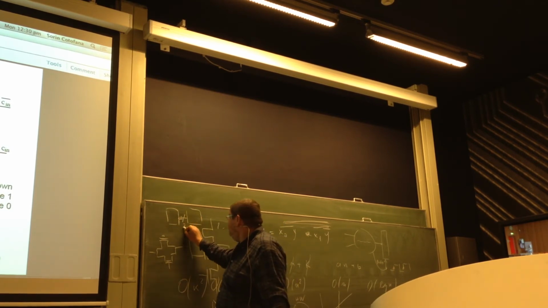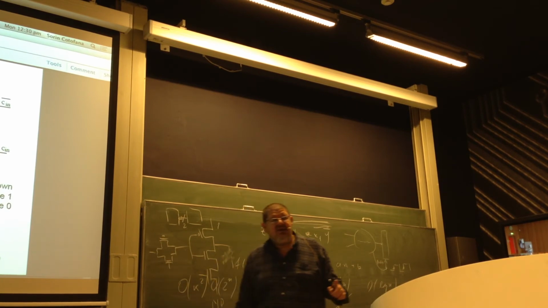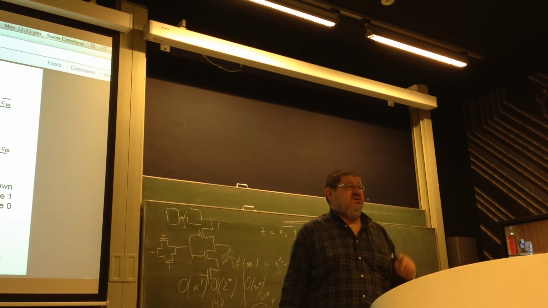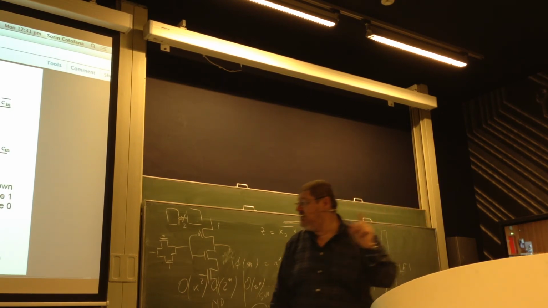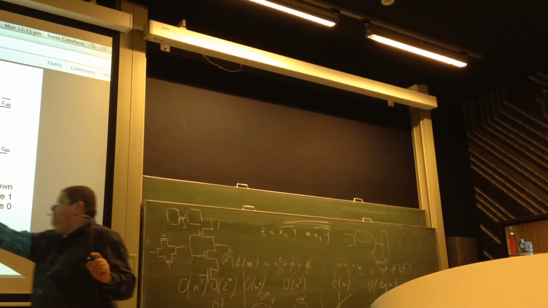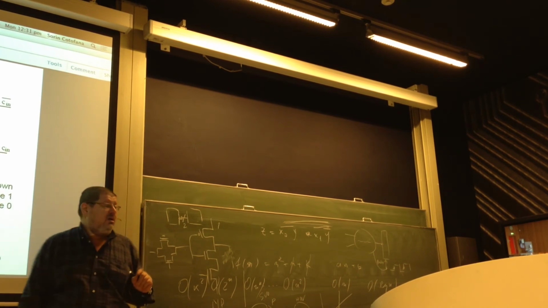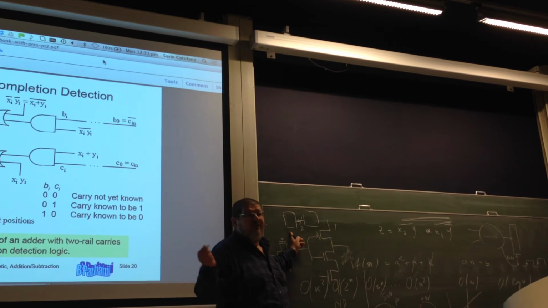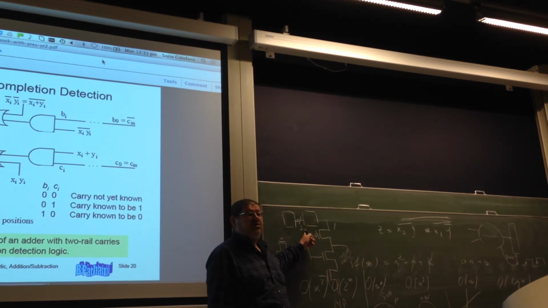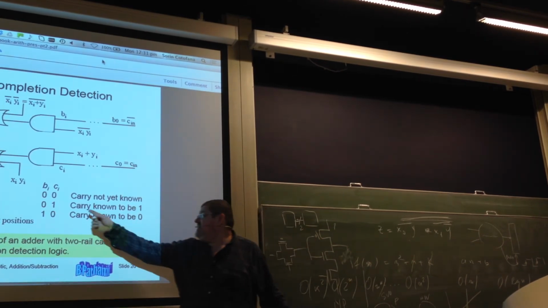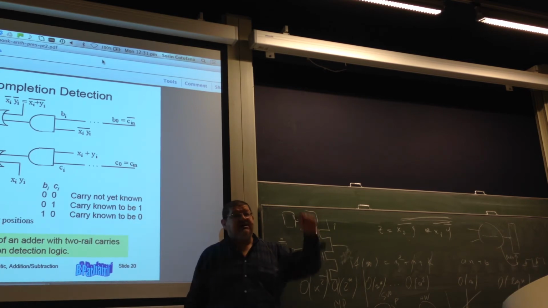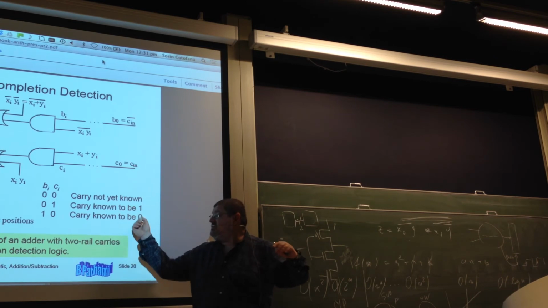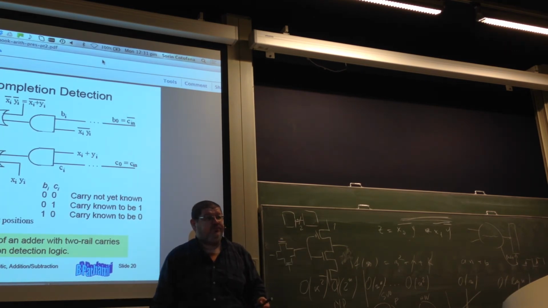Now I put here 2 bits. And there are 2 pieces of information which are transported, the value and the readiness. If both of these bits are 0, this guy has to wait or cannot complete the calculation because this carry is not known. If I have 0, 1 or 1, 0, the carry is known, it's available, and it's 1 or 0, and can go further.